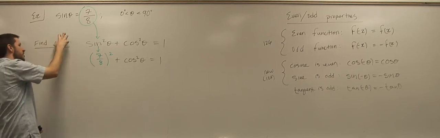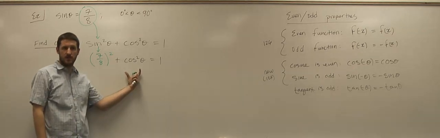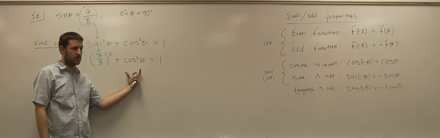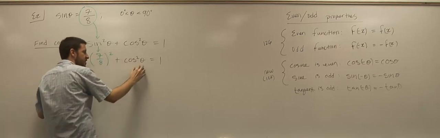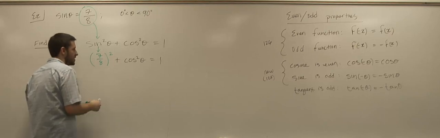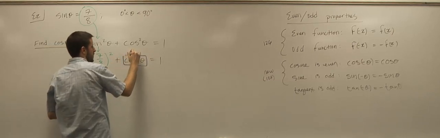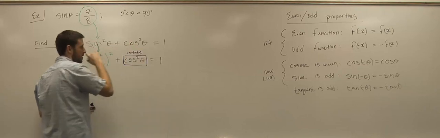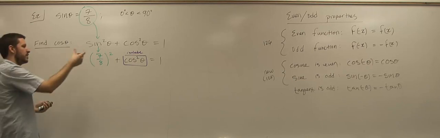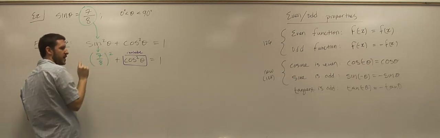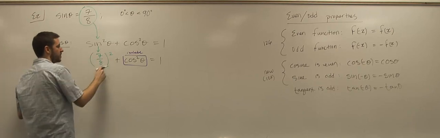Again, I'm trying to find just cos theta. So what can I do with this? I want to isolate cos theta. This is like your variable. This is the guy you want to quarantine. I want to isolate this. So the first thing I would probably do is, well, I know what 7/8 squared is. 7/8 squared is 49 over 64.